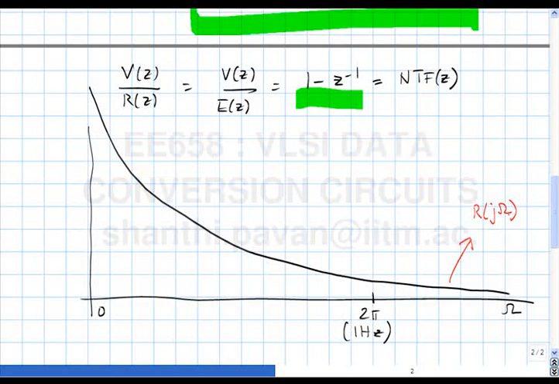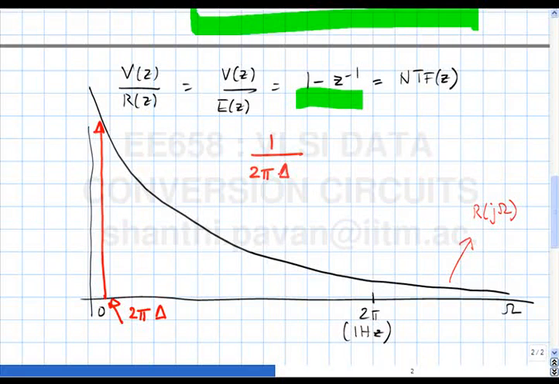Now if I put in a sinusoid at frequency delta, rather 2 pi delta, what is the output R of j capital omega? 1 over, the magnitude is 1 over 2 pi delta, correct?